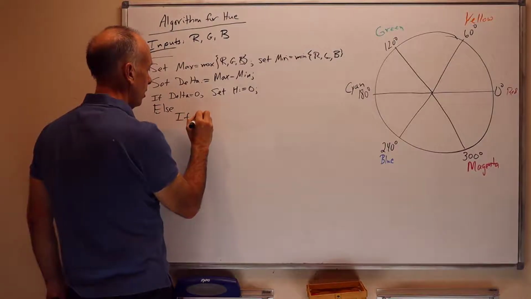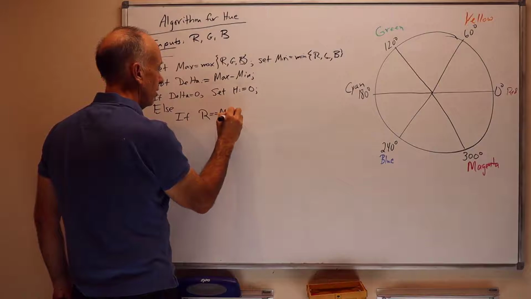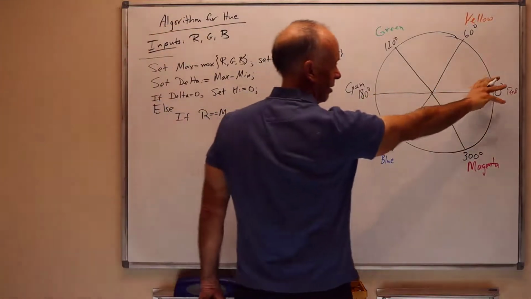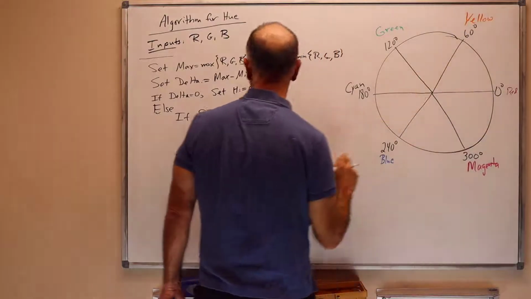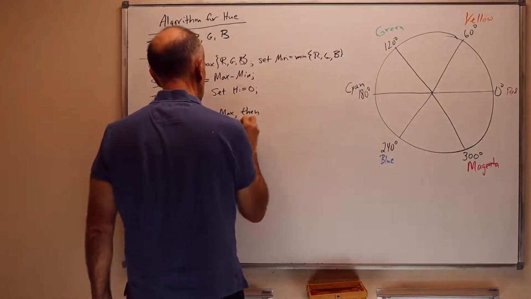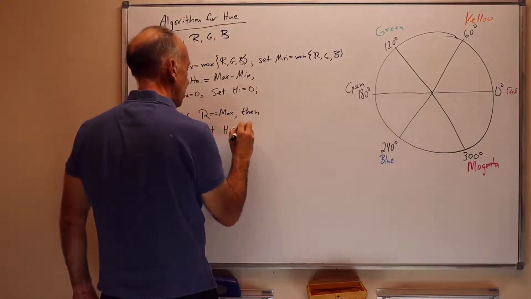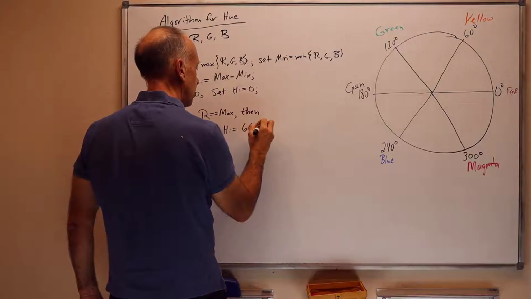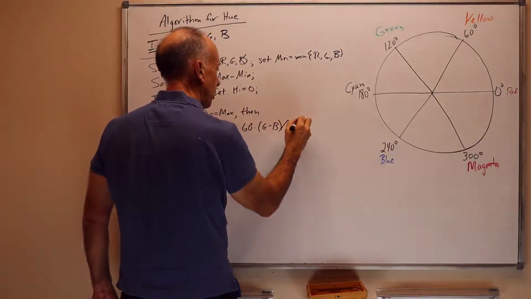So first of all, if R is the max value, that puts us over on the side of the color circle between 300 degrees and 60 degrees. Then we'll set H equal to 60 degrees times (G minus B) divided by delta.